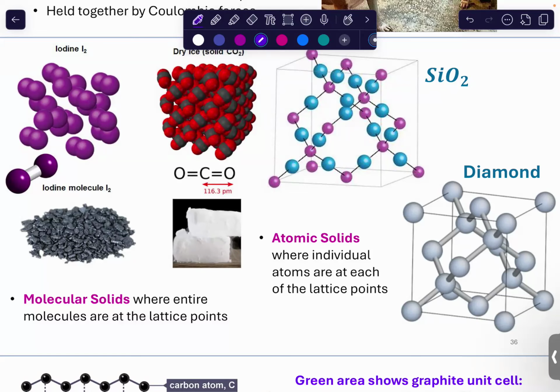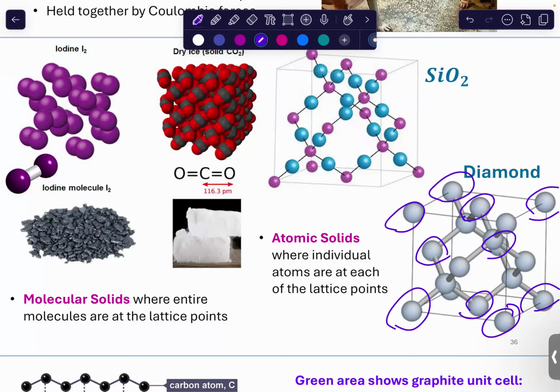Versus in one of these, your corners are going to be atoms. One thing you're going to start to notice, let's look at our diamond here. Diamond ends up forming what we call a face-centered cubic unit cell. You'll see what that means in a little bit.